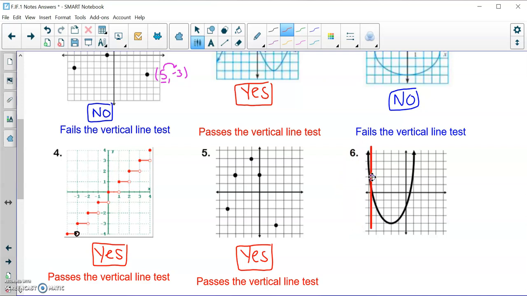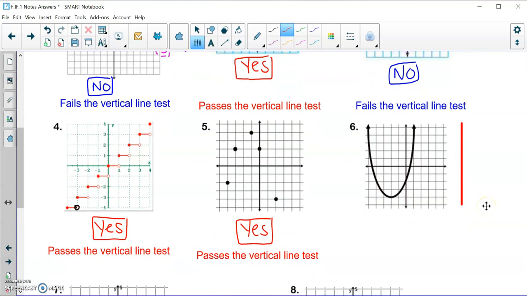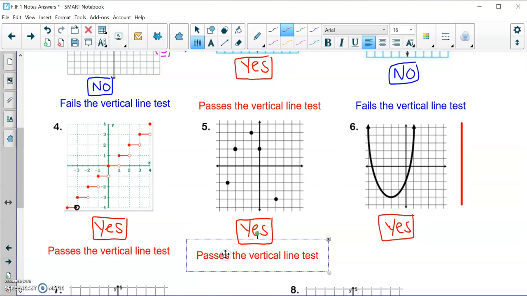So this one's a little tricky because it looks like right there it hits 2 points, but technically it's not hitting 2 points because it's a very minuscule amount of change between this point here and this point here. So there is still a change there. You just need to know that these U-shaped graphs up at the top, they're not actually vertical lines there. So just something that you need to recognize when dealing with functions. So yes, this is a function. It does pass the vertical line test.